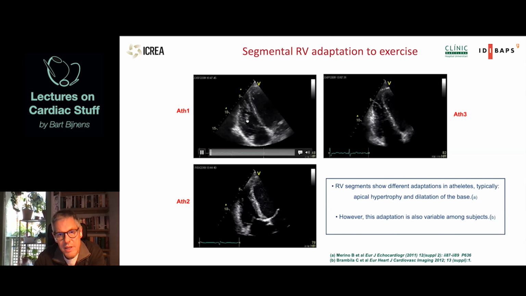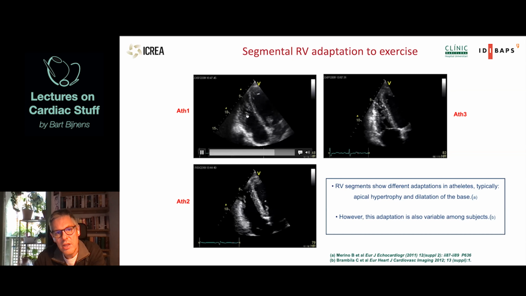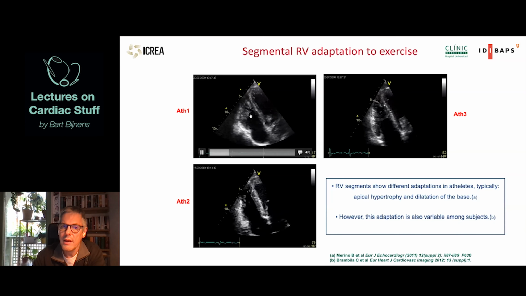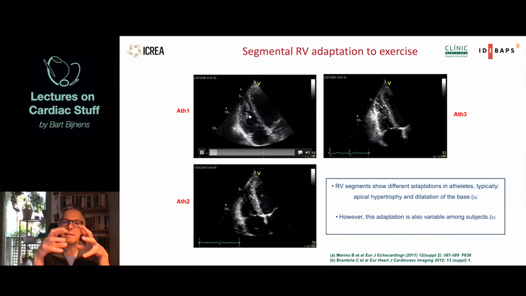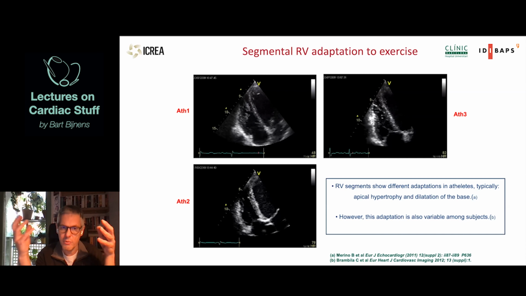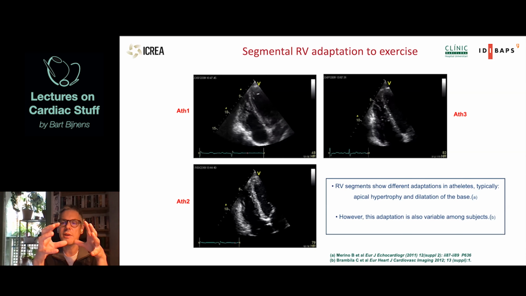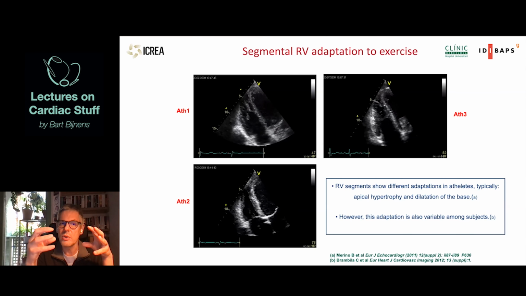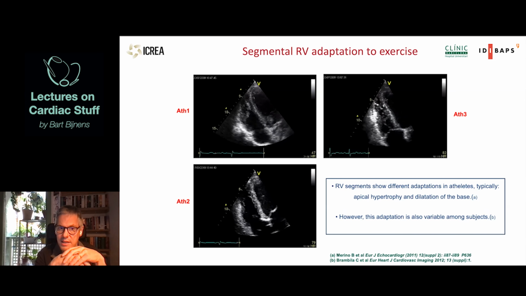But what you see here, especially in this one, is that the trabeculation is so thick that there doesn't seem to be any volume of blood inside anymore. So what you start to see is that you get hypertrophy of the trabeculations in the right ventricle, and that means that the trabeculations are growing in such a way that they almost obliterate the cavity inside.